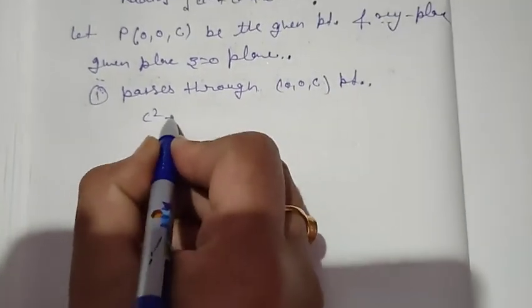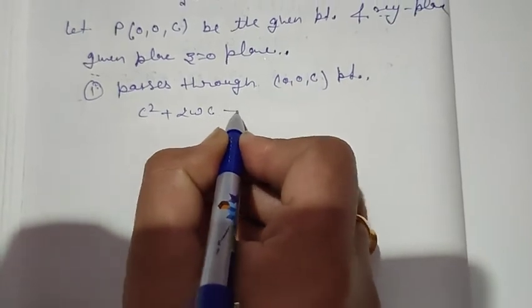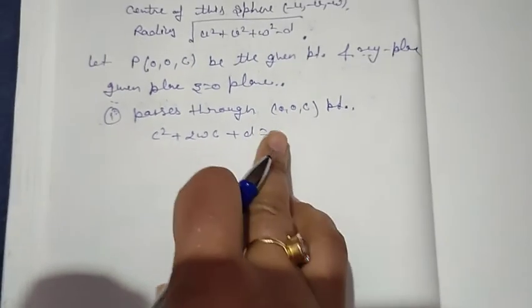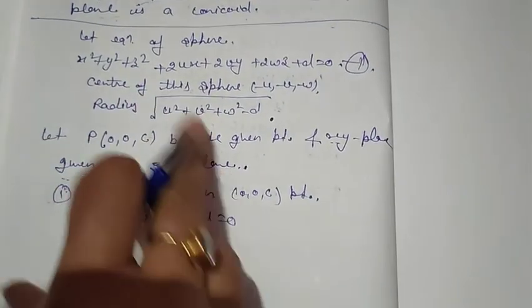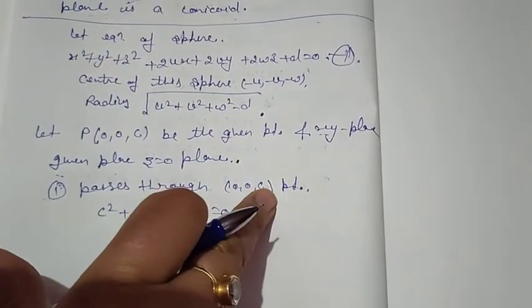So the equation of the sphere becomes c square plus 2wc plus d is equal to 0, because in the equation of the sphere we put x equal to 0, y equal to 0 and z equal to c.